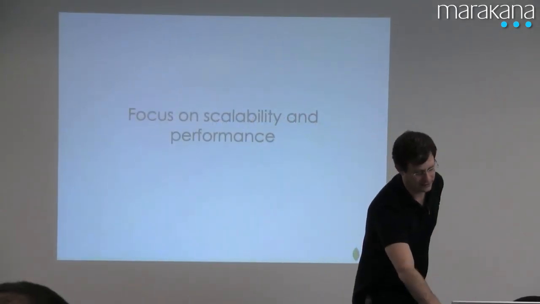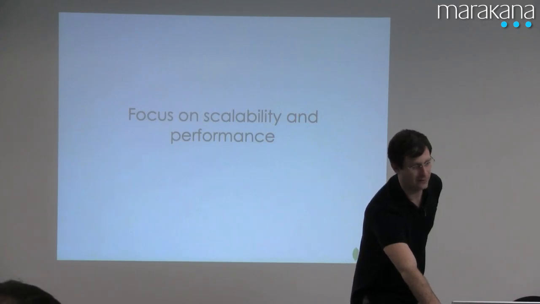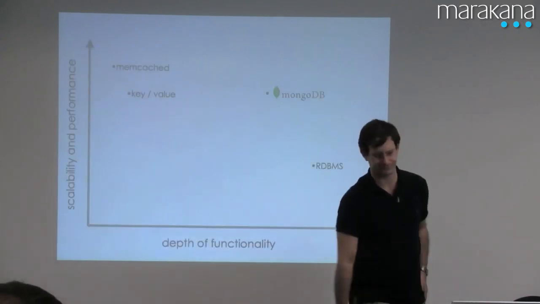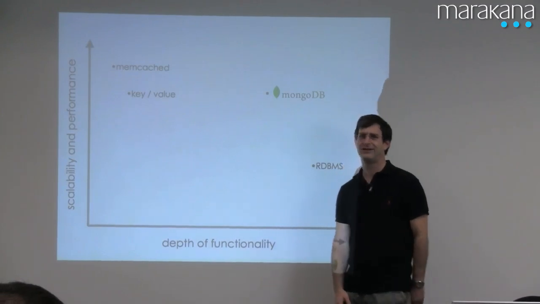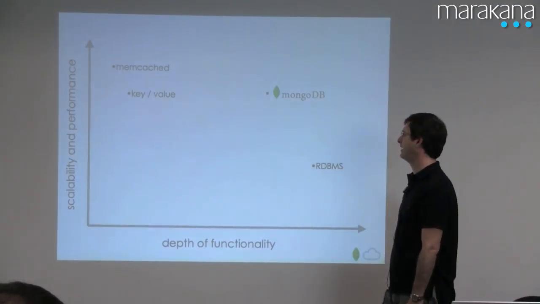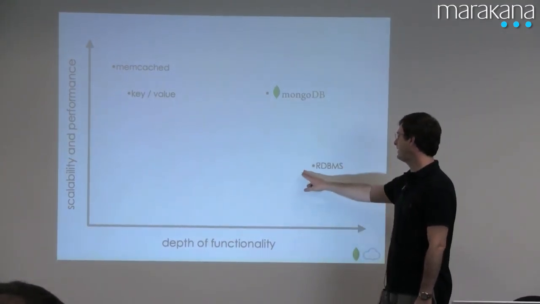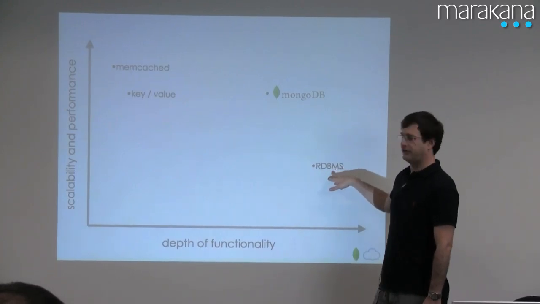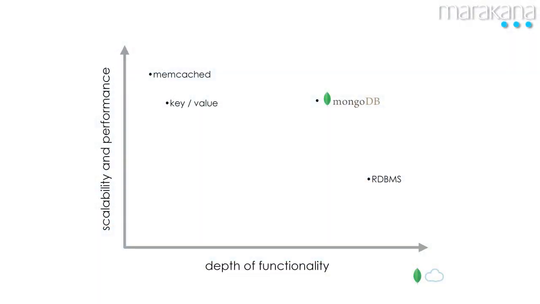Like I mentioned earlier, they definitely thought about the whole scalability and performance thing early on. This is kind of the classic magic quadrant diagram, but if you think about your traditional database over here, it has some horizontal scalability problems, but it's very rich in functionality. You have the full power of relational algebra at your disposal.